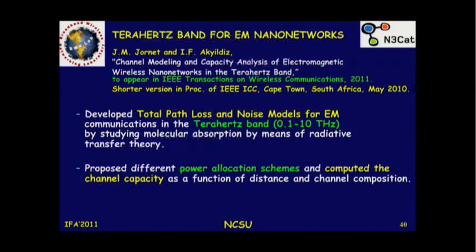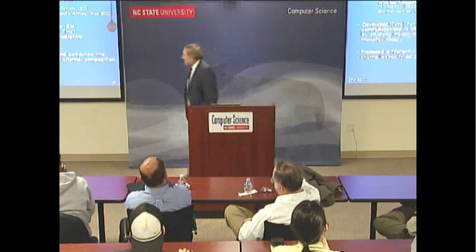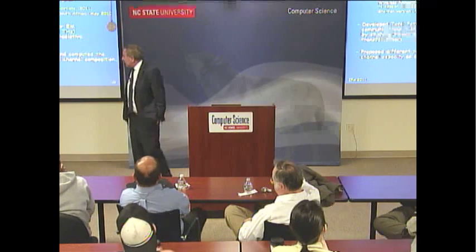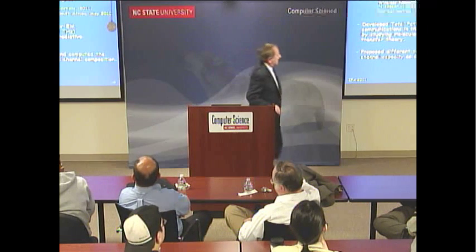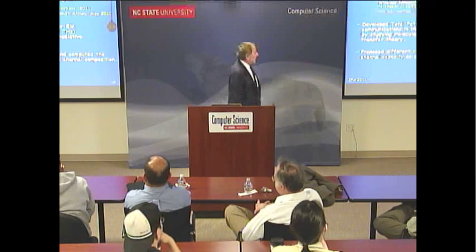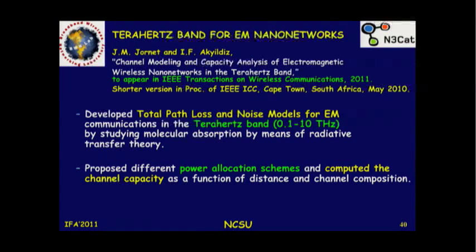We have this paper which we published in ICC 2010, and the journal version appeared in 2011, where we developed total path loss and noise models for EM communication in the terahertz band between 0.1 to 10 terahertz. What we did is we studied molecular absorption by means of radiative transfer theory. We also developed some power allocation schemes and also computed the channel capacity.